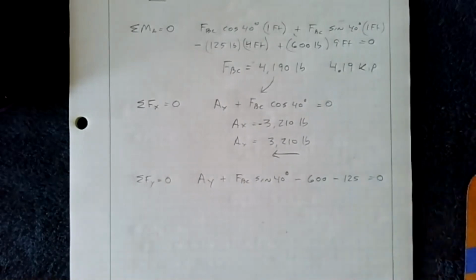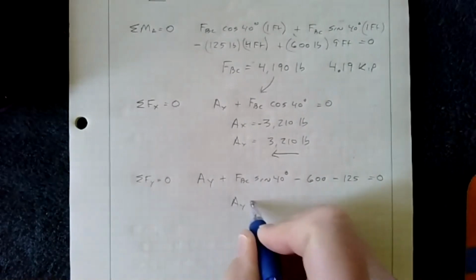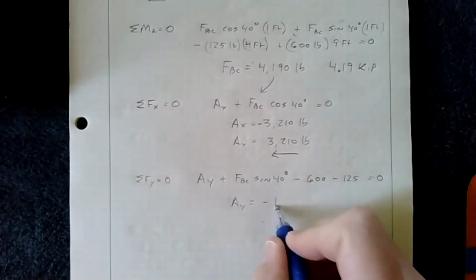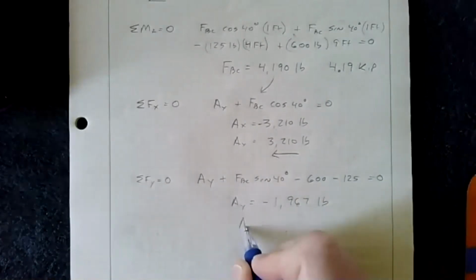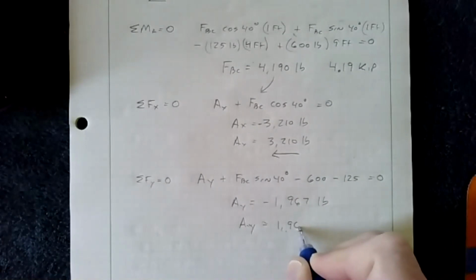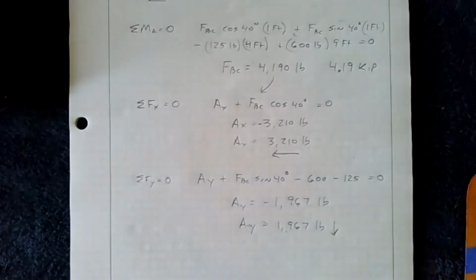That equals 0. So we solve and we get AY equal to a negative 1,967 pounds, or effectively AY equals 1,967 pounds going down. Okay, and that's that.